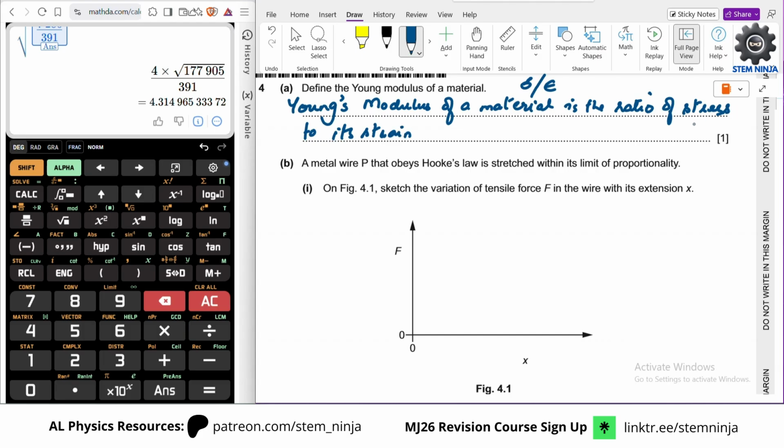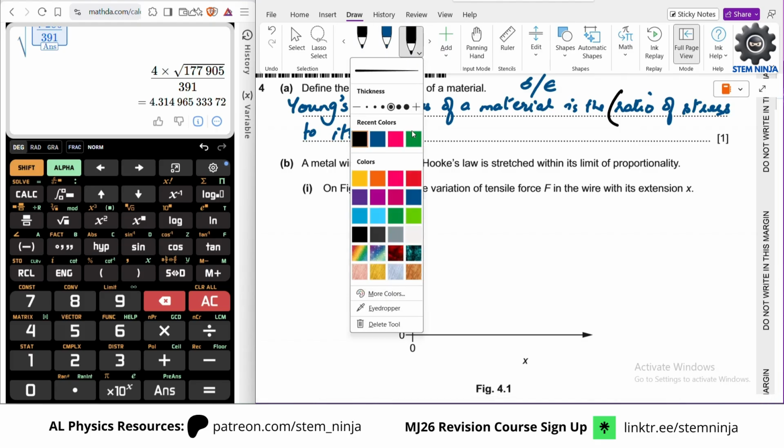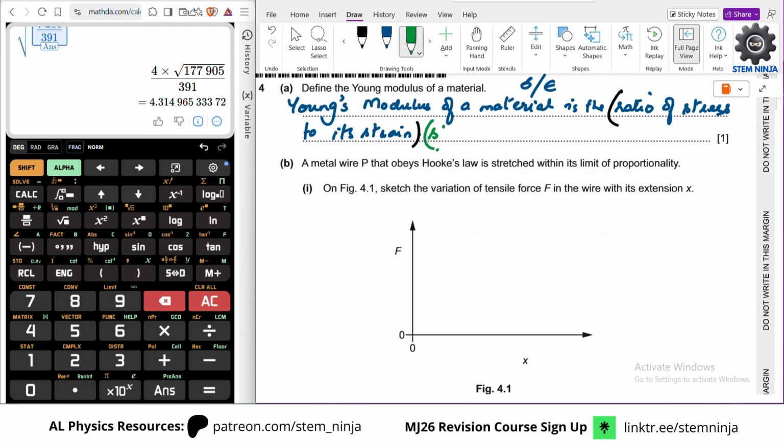Stress to its strain. You can also say, instead of this, you can also write it as stress per unit strain.